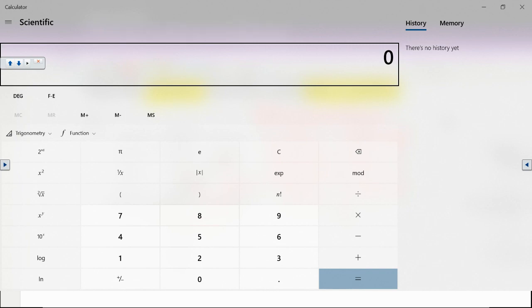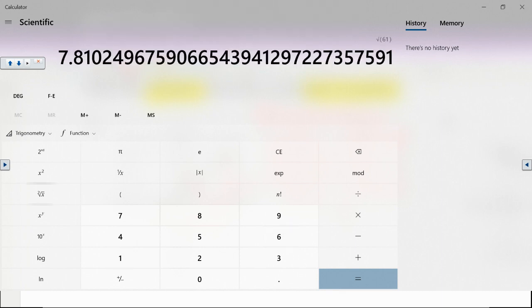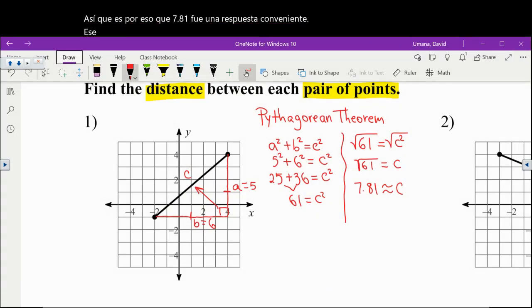And so my number was 61, and if I do the square root, I'm gonna see this big giant list. I ignore the list and I only go up to 2 decimal places. So that's why 7.81 was a convenient answer. Okay? So you're taking this and you're rewriting it this way. Okay. Questions?